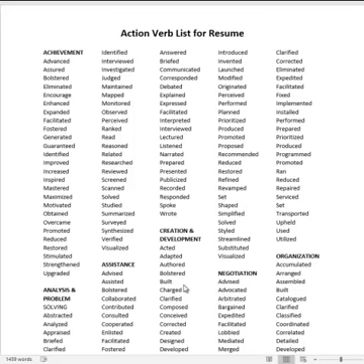Or maybe you bargained or detailed or developed. Use words that paint pictures, and these action verbs do a lot better at painting pictures than boring words like worked with. So try and focus on that.